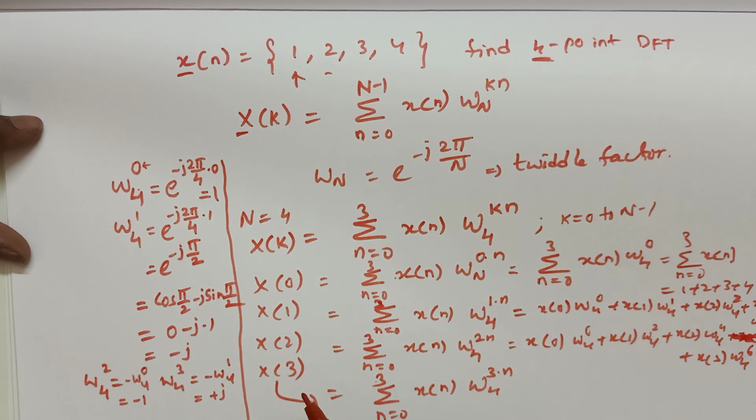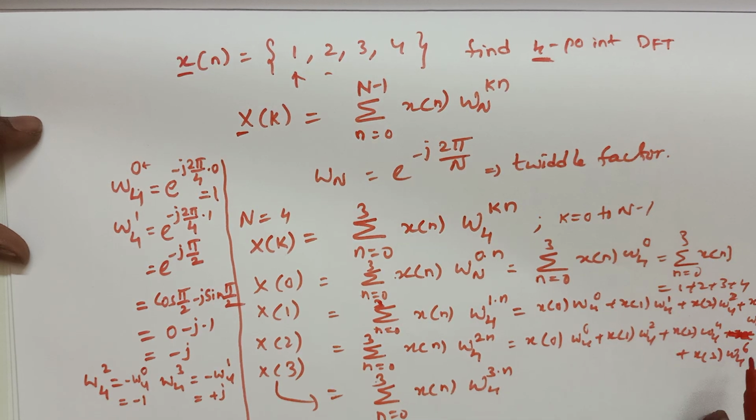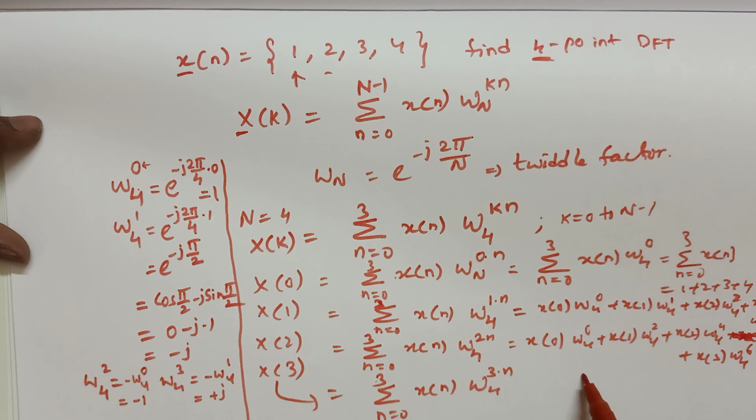If the power is more than N minus 1, we'll calculate the value of the twiddle factor using a very simple modulus operation. For example, say we want to calculate W_4 power 6. We divide 6 by 4 and take the remainder, which is 2. That remainder is taken as the power value.